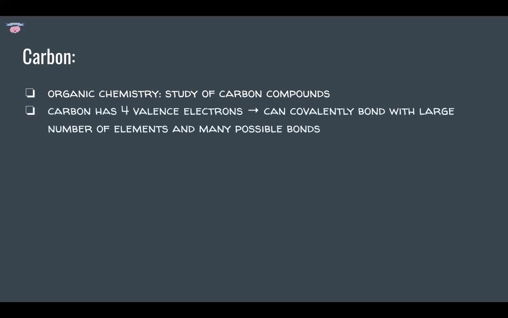And now carbon. Carbon is literally the reason we're alive, other than water. Carbon is so important. There's a branch of chemistry, organic chemistry, dedicated specifically to carbon and its compounds. Why is it important? Well, carbon has 4 valence electrons, which means it can covalently bond with a large number of elements, and it can form many possible bonds.